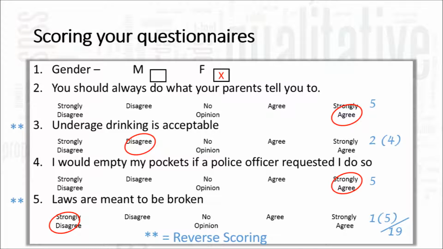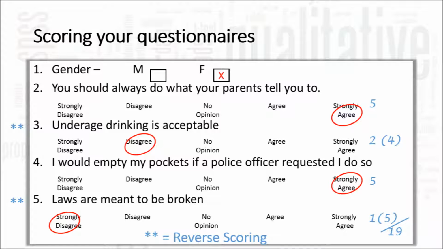So just before we score our questionnaires, we need to consider one more thing, and that is the items on our questionnaire which are reverse scored. So basically I've double starred these, and what the reverse score item is saying is actually the opposite of what you've initially said. So for instance, underage drinking is acceptable, which is question 3.